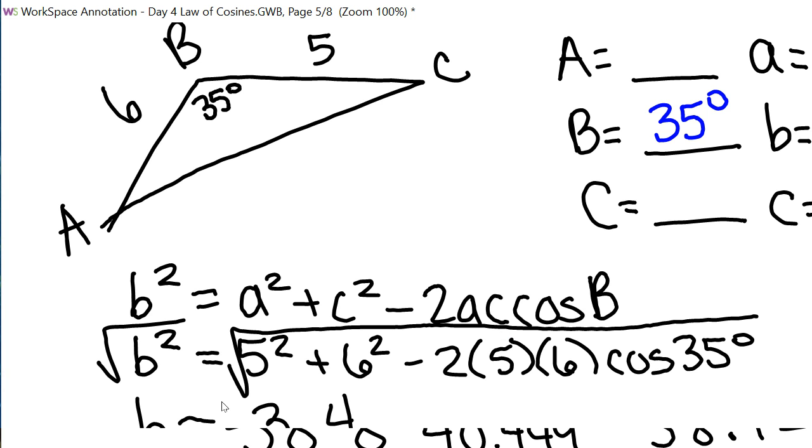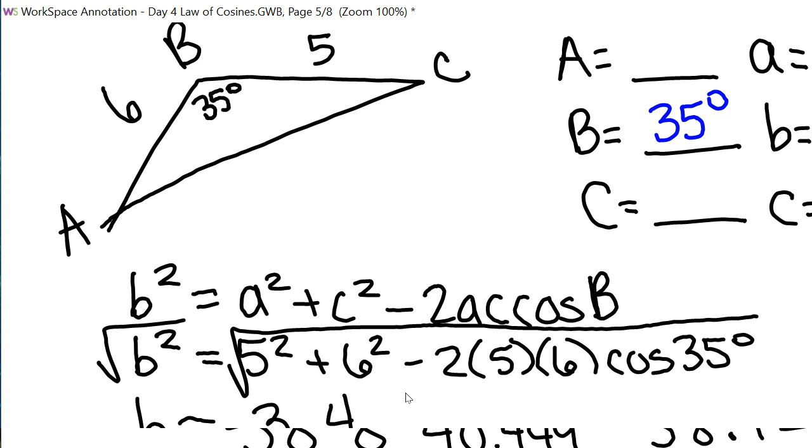What do I put for A? 5 squared equals b squared. We just got that answer, 3.4. And c is 6. And now we have to get that cosine by itself.